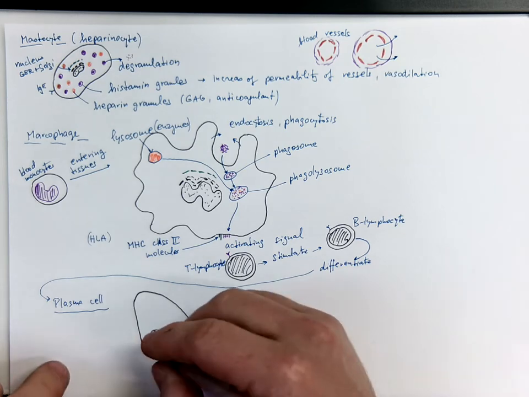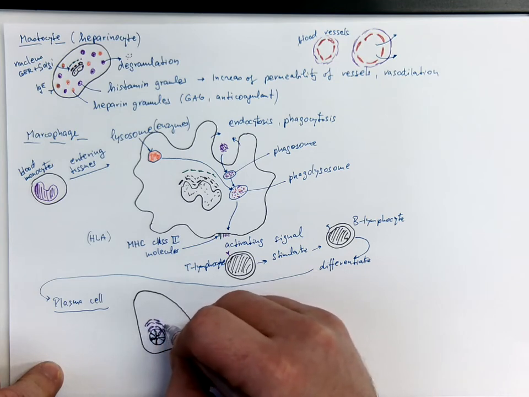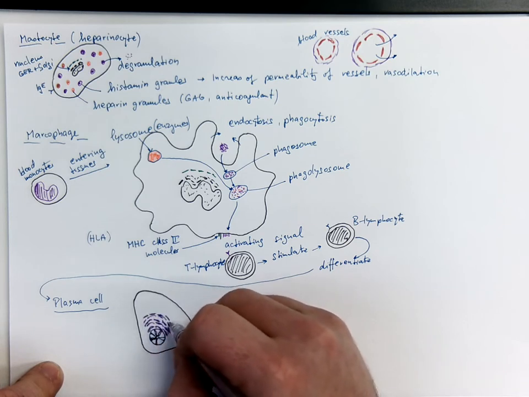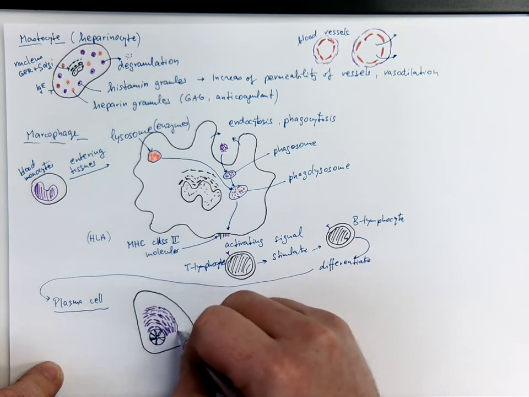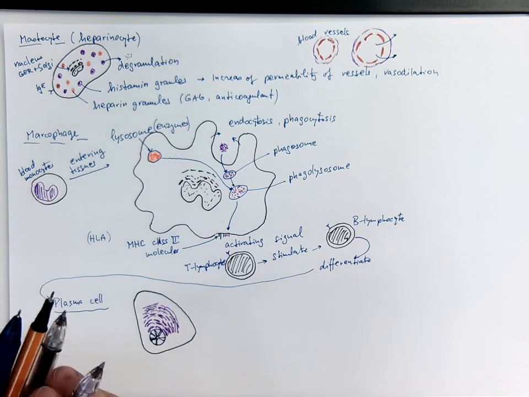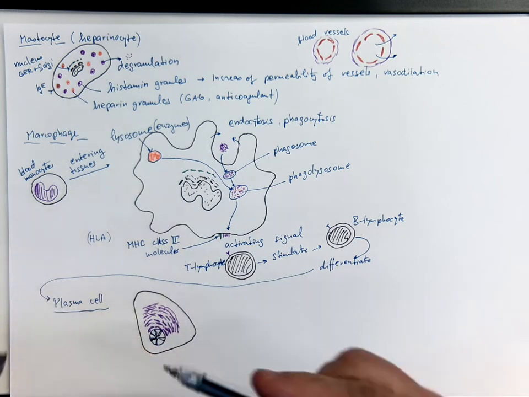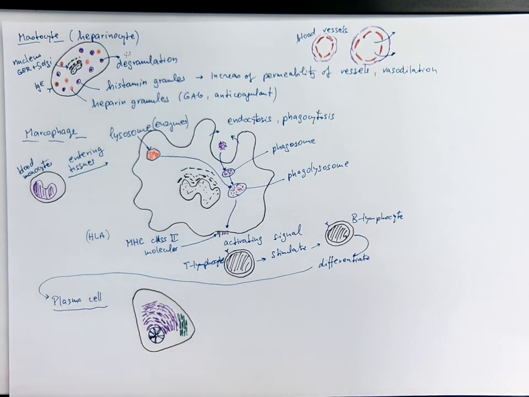There is a huge rough endoplasmic reticulum responsible for the basophilic properties of the plasma cell, and these newly produced immunoglobulins are prepared for exocytosis, and the Golgi complex, which appears often as a lighter region in the cell.